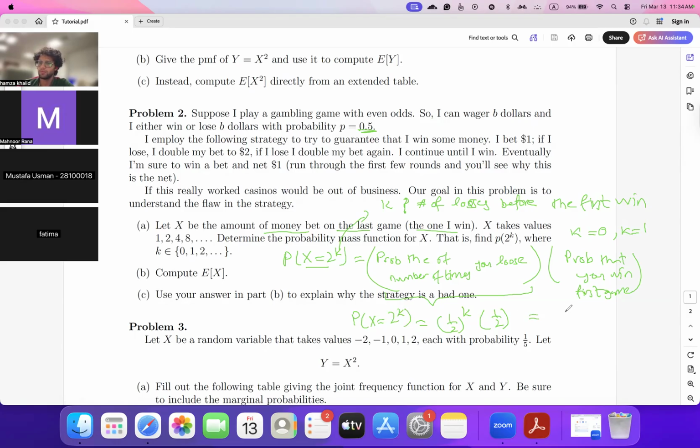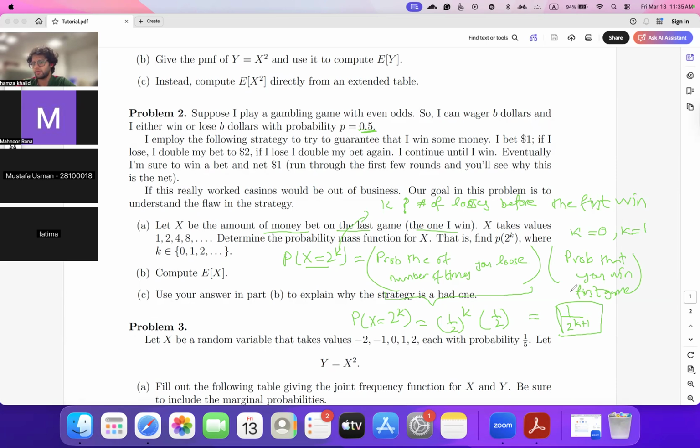What is this equal to? It's 1 over 2^(k+1). Yes. So that is my PMF, and you can check. Let's say if I take k equals 0, then this just gives me 1 by 2. If my k is 0, I win the first game. What's the probability of me winning the first game?